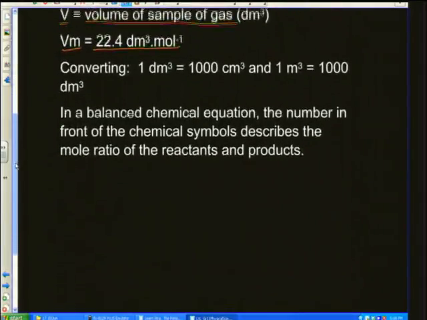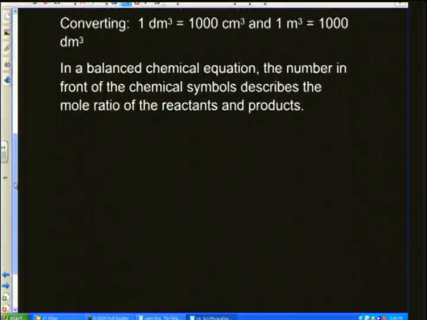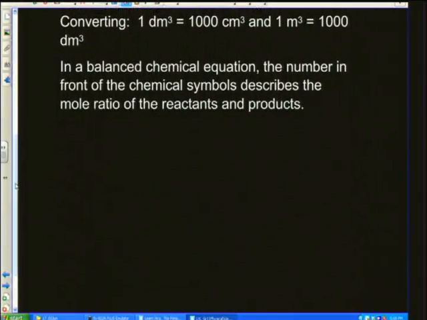Now, if you were to convert, because we know that usually our volume is given in cubic centimeters, and sometimes in cubic meters, and sometimes, of course, we are required to move from these values to cubic meters. So how do we convert? 1 cubic decimeter equals 1,000 cubic centimeters.